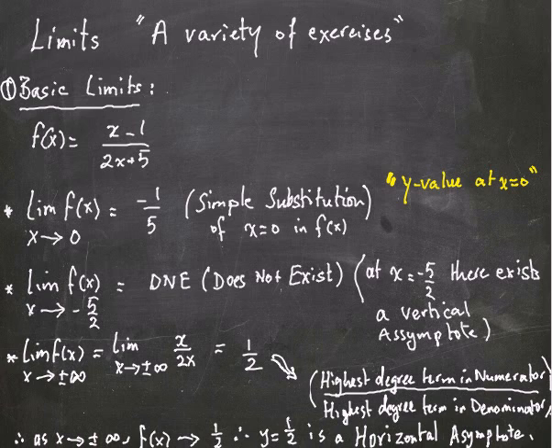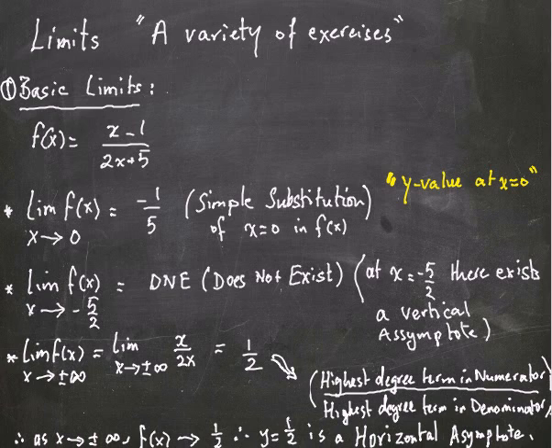In the second case, we're asked to find the limit of the function f of x as x approaches negative 5 over 2. Now, negative 5 over 2 is a value that will make the denominator 0, and in this case, the whole function will be undefined since the denominator is 0.